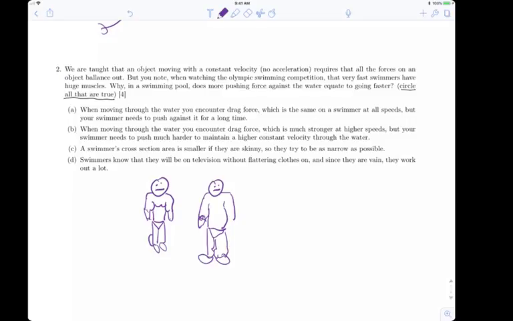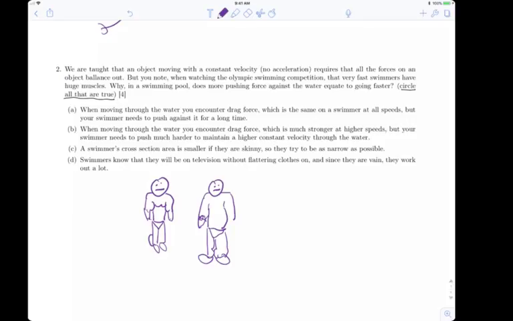Okay, so the way to do these questions is to think of them as four true or false questions. You want to go through them and look for false statements or true statements. So consider each individually.